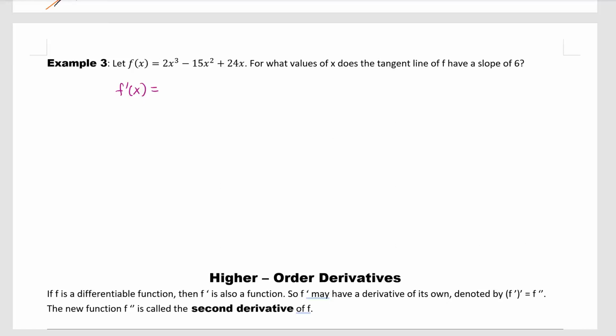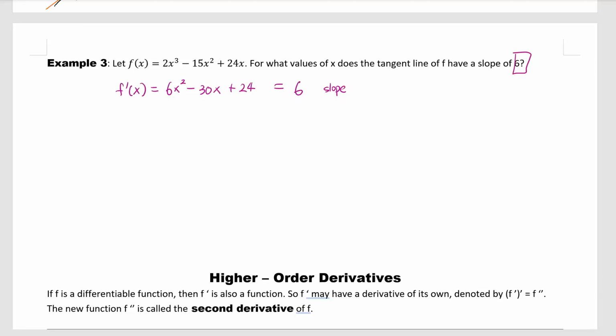The derivative: 3 times 2 is 6x squared, 2 times 15 is 30x, plus 24. So we want to have the slope equals not 0, slope equals 6. Then we want to solve for x. So this is the slope.